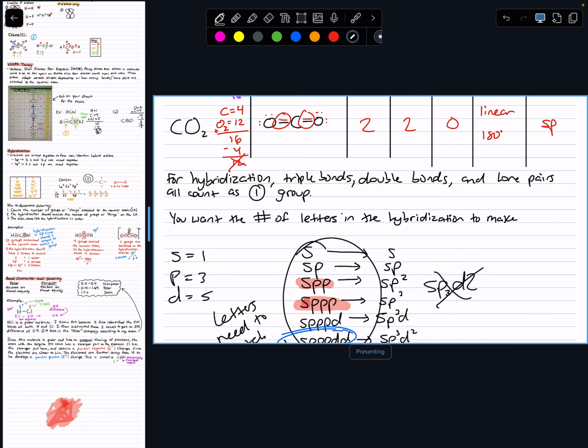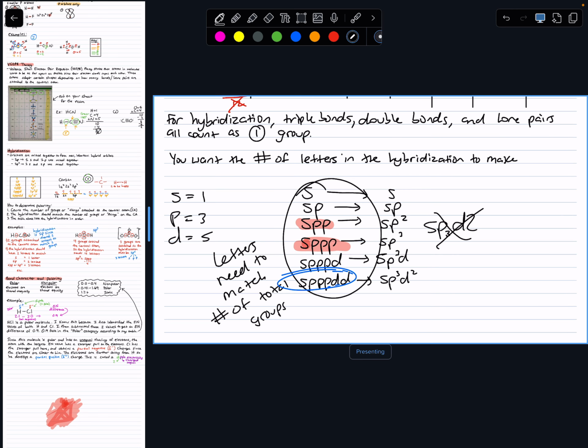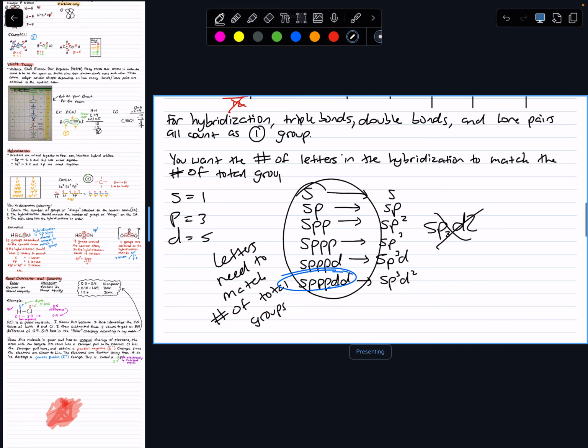So for hybridization, we just go based on the groups. So if it's two groups, it's 2 letters. I would say you want the number of letters in the hybridization to match the number of groups.